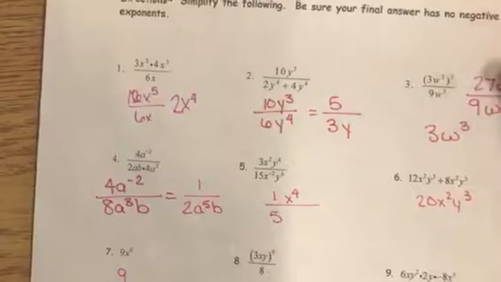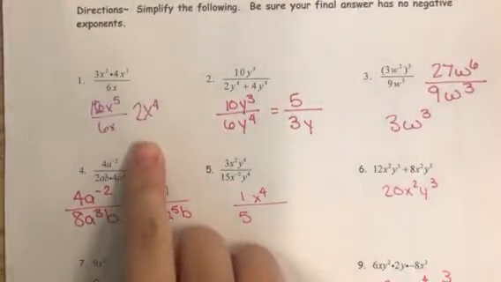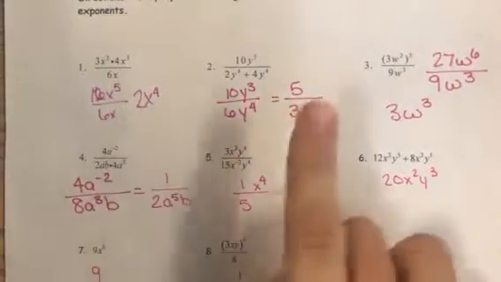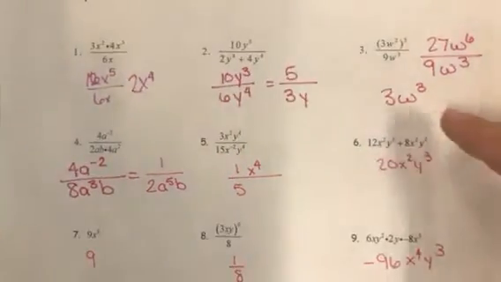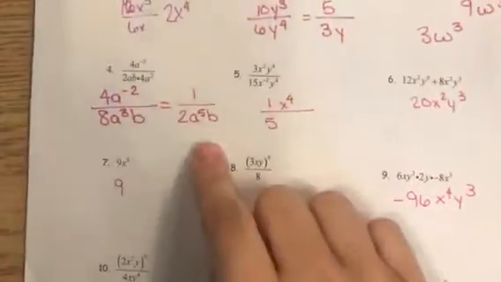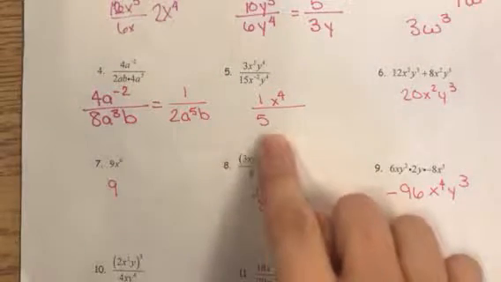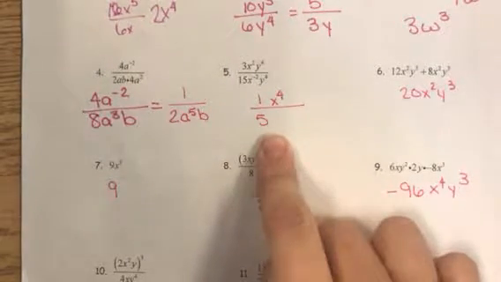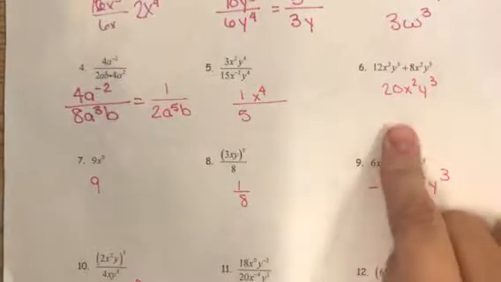So if we go through all the problems here, sorry, my pen kept running out. For number 1, we should have 2x to the 4th. Number 2, 5 over 3y. Number 3 is 3y to the 3w to the 3rd. Number 4, 1 over 2a to the 5th b. Number 5 is 1x to the 4th, or just x to the 4th over 5.